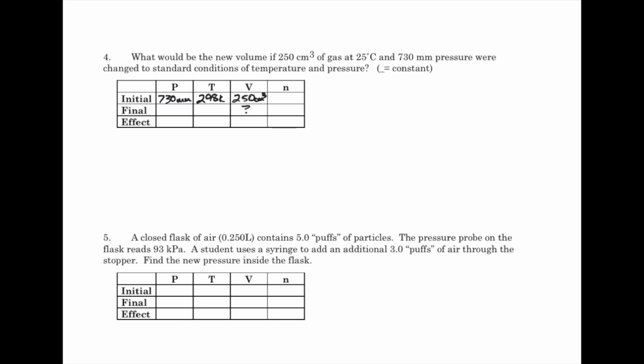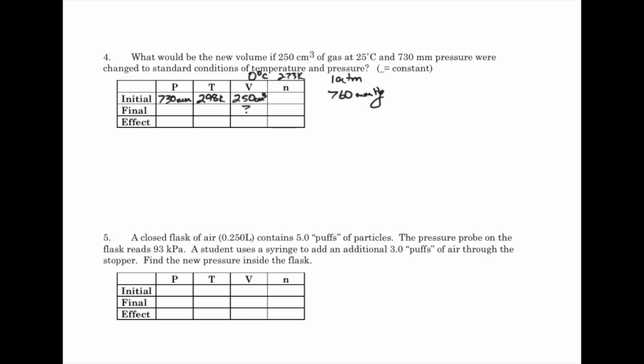So I've already told you that standard pressure is 1 atmosphere, or 760 millimeters of mercury. Standard temperature is 0 degrees Celsius or 273 Kelvin. Okay, so we're going to change this now.